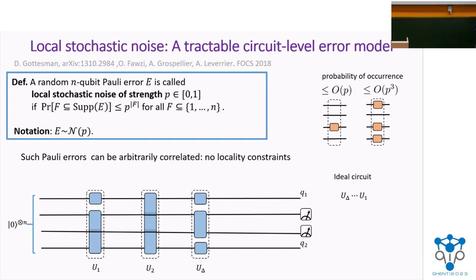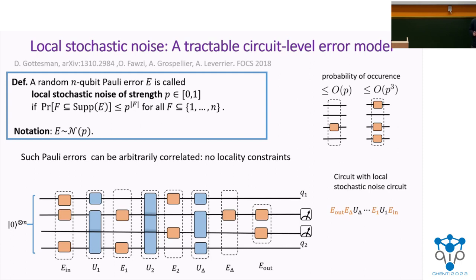Let's say we have the ideal circuit, which is nothing but U1, U2 up to U delta, and we measure out all the qubits except for Q1 and Q2.